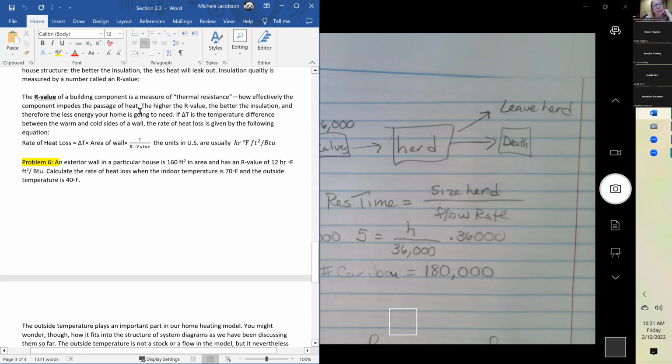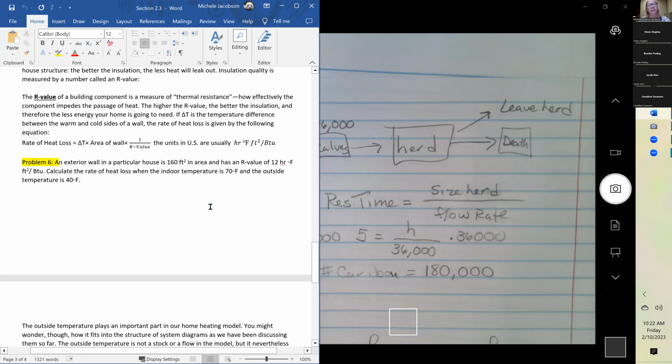Remember, the R value is a measurement of the thermal resistance, the heat that's staying in the house, or the cold air coming in, or vice versa if you have air conditioning on. But it's a rating for that insulation. So if an exterior wall in a particular house is 160 feet squared, so they're giving us the area, and has an R value of 12, and don't worry about it.